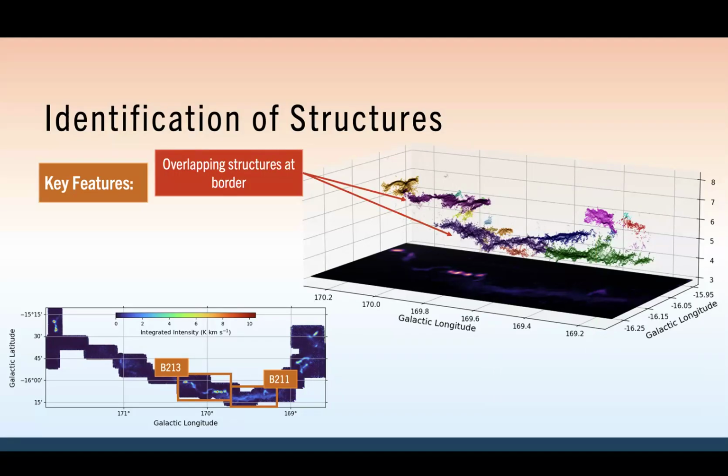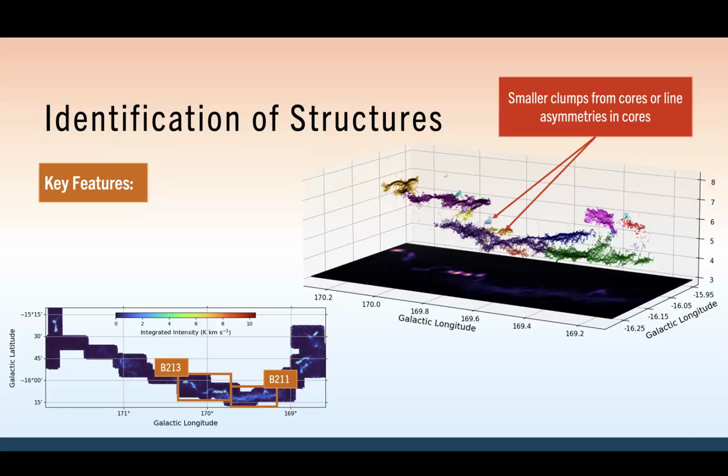Then over here, as I previously pointed out, we can see the overlapping structures at that border between B211 and B213. So that's why I've combined these two regions into just being one for the purpose of this analysis.